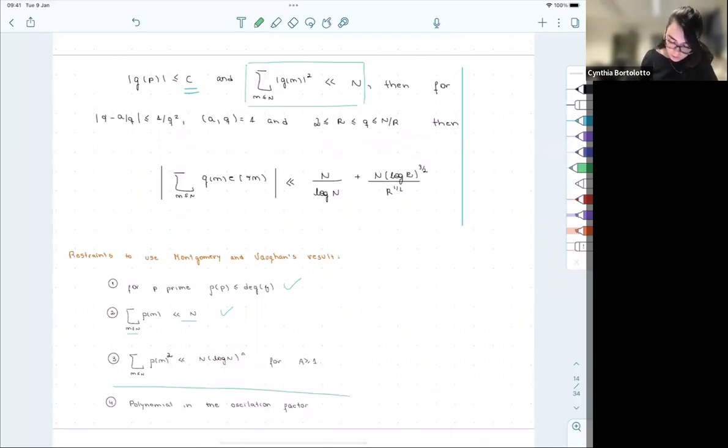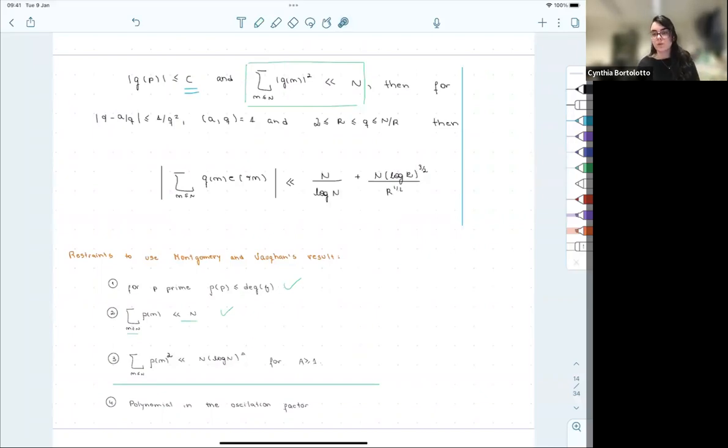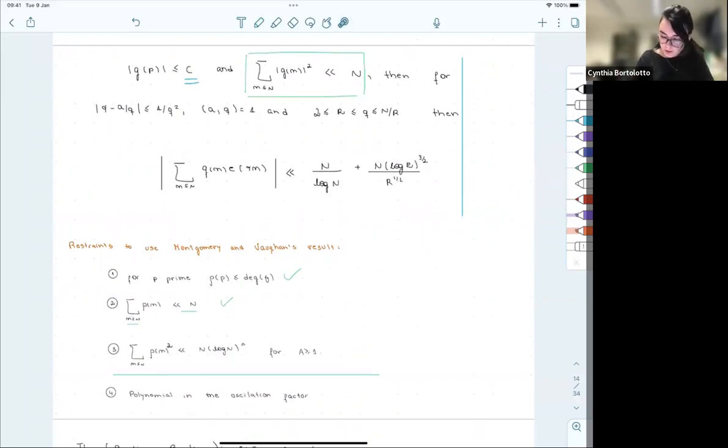And this is something that we don't have, because when we make the degree of the polynomial higher, we can have an extra log factor here to some power a, and we have zero control of a. So a can be anything, depending on the polynomial. So this is something that we don't have.